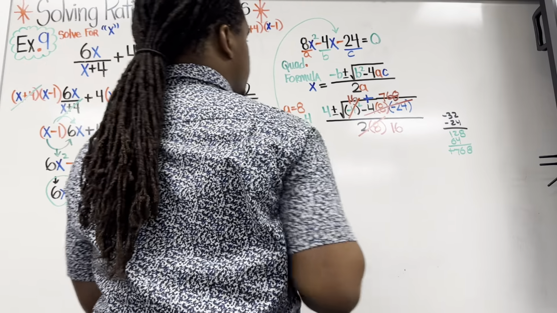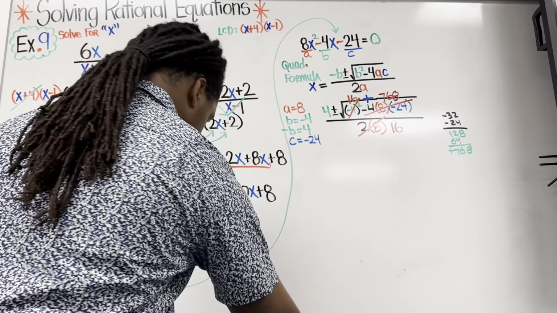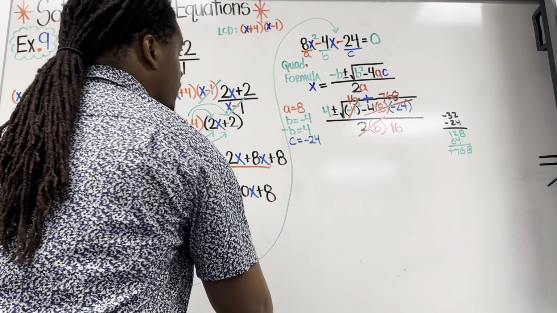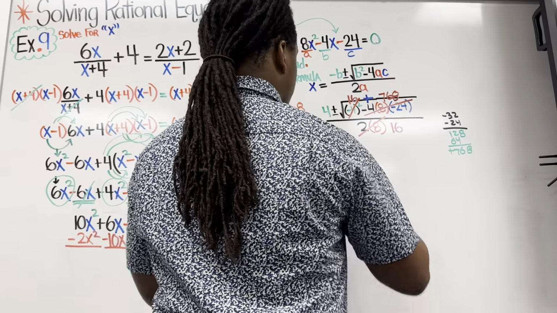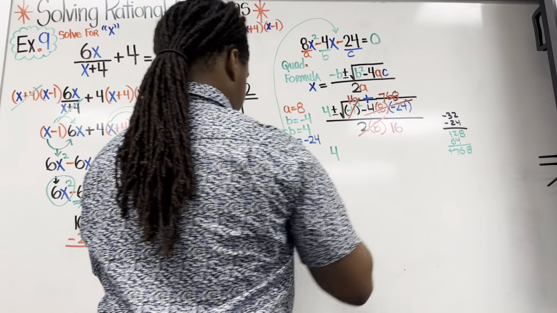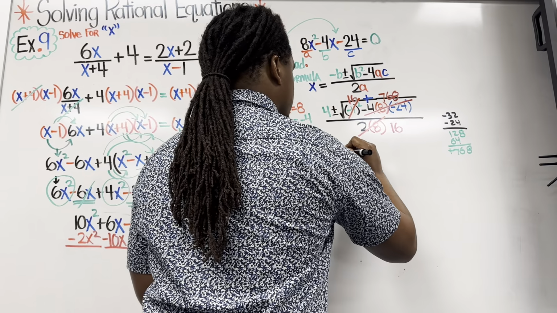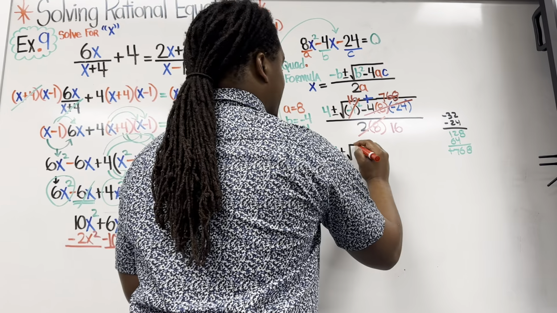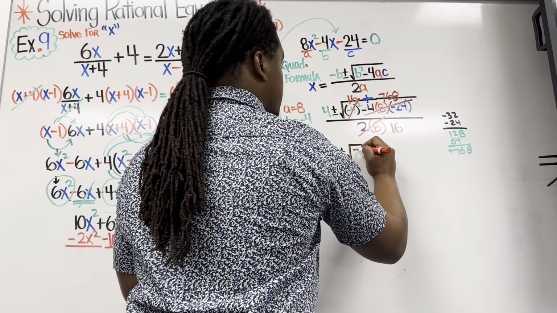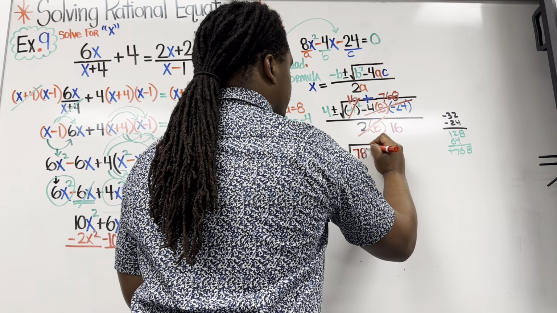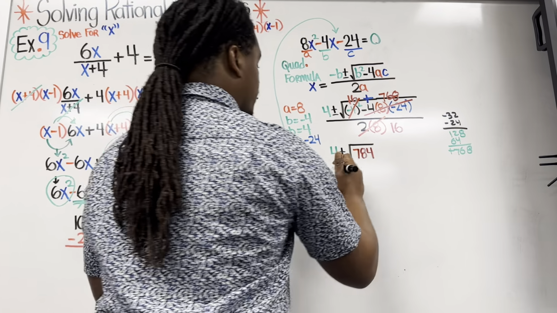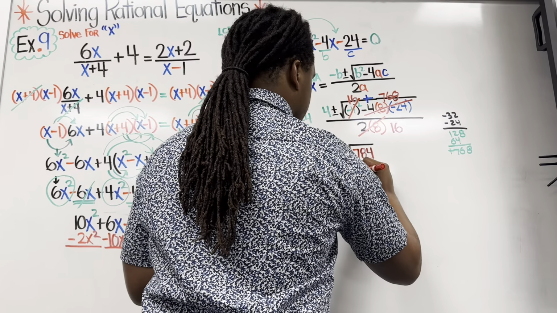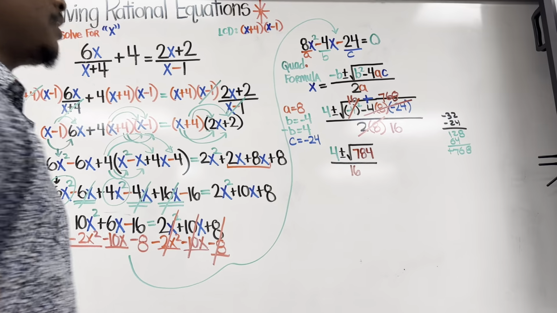Inside the square root is 16 plus 768, which is 784. So now we have 4 plus or minus the square root of 784, all over 2 times 8, which is 16.